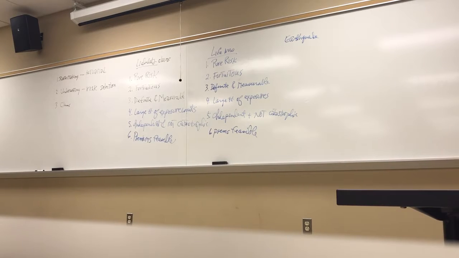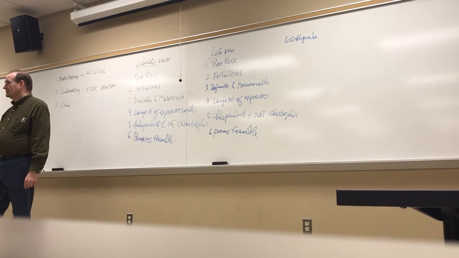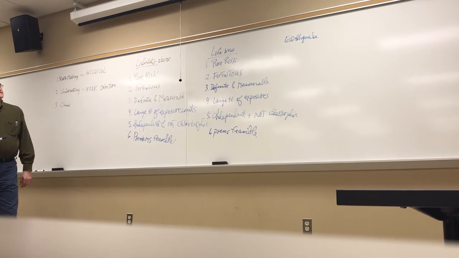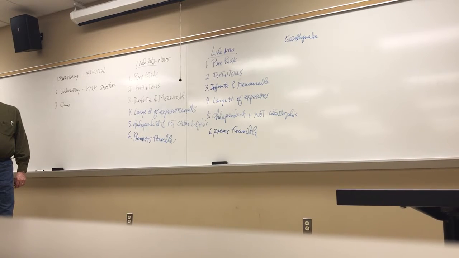So on the test, on the quiz, would it be insurable or not insurable? It depends what peril you're talking about. For a drought, you would say non-insurable. Unless you give specific details, like, he hasn't spread it out.